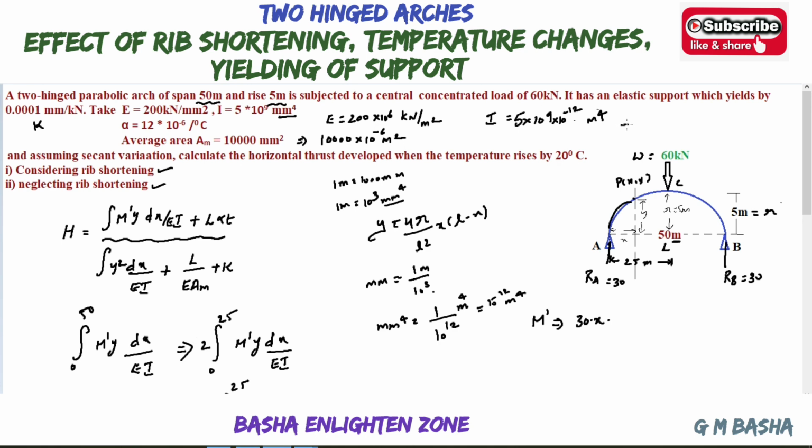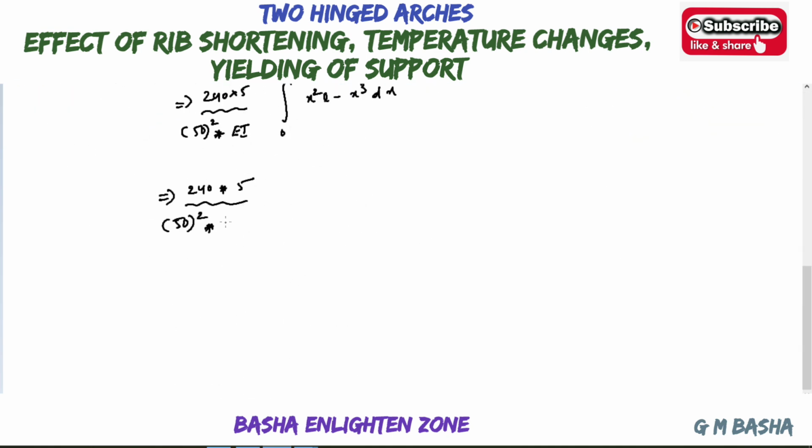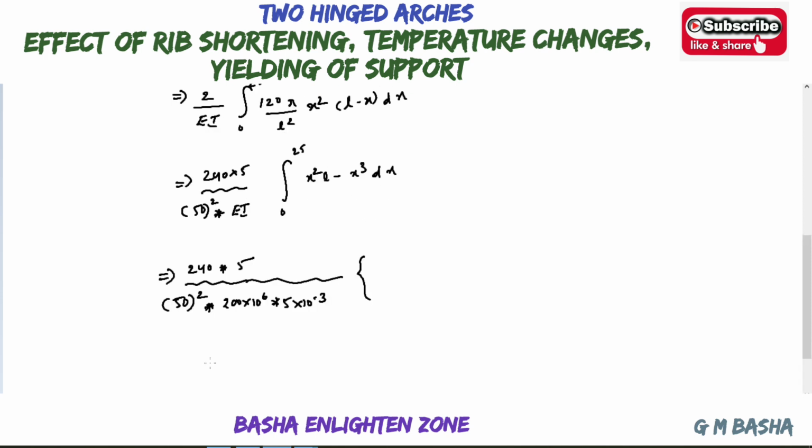So overall how much will you get here? 5 into 10 to the power of minus 3. Okay. So take down all these values here: 200 into 10 to the power of 6 into 5 into 10 to the power of minus 3. And again apply the integration here.